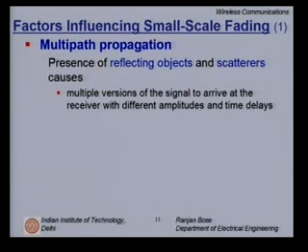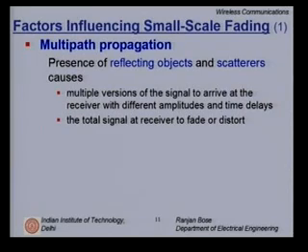Please remember, the HF channel could also be considered as a multipath channel, and it's a fading channel. There we have seen earlier the various layers of the ionosphere give you reflections, and that causes multipath. So reflecting objects and scatterers are being mentioned here from the context of mobile wireless communications. The total signal at the receiver tends to fade or distort.